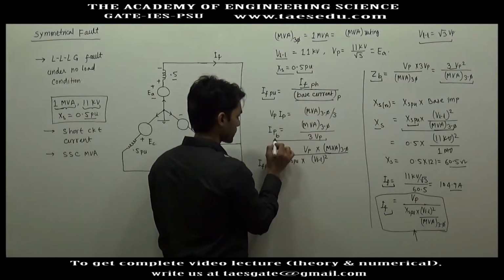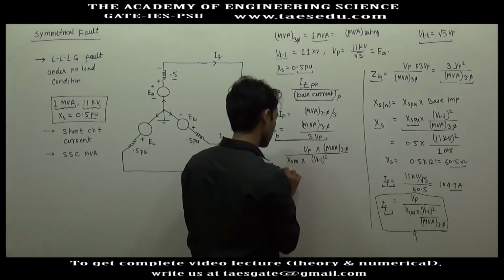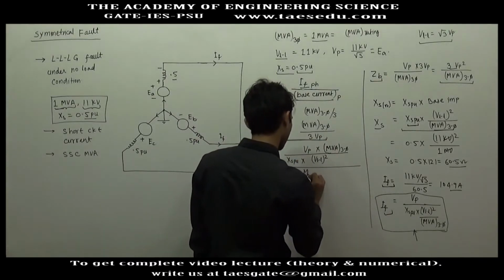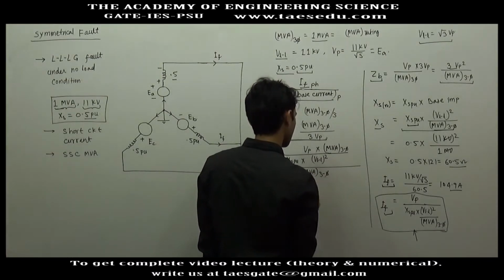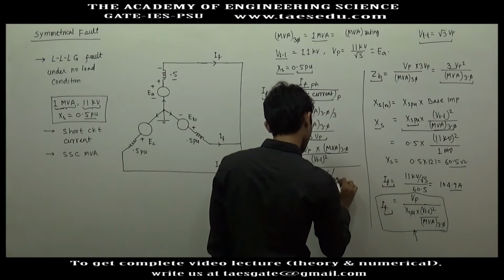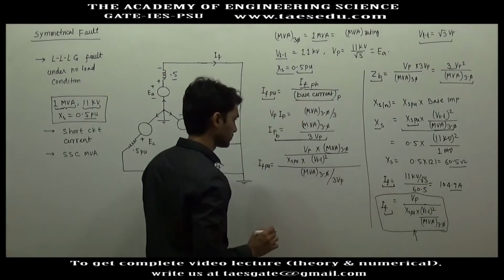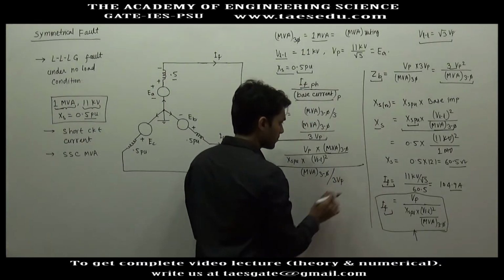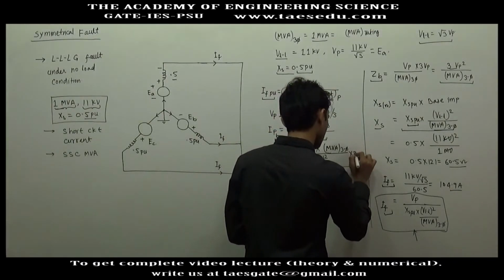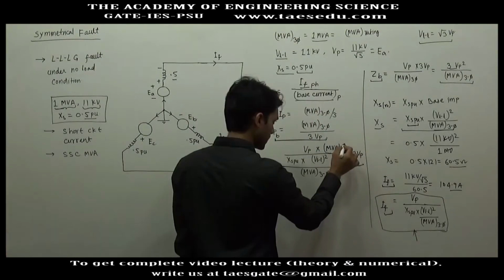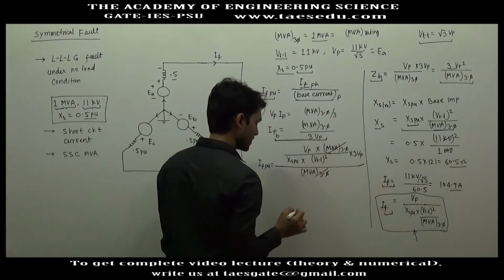So here you have base current, if you divide it by base current, MVA 3 phase divided by 3 into phase voltage. So this 3 Vp will go into numerator, here you have 3 Vp, 3 phase MVA is cancelled.